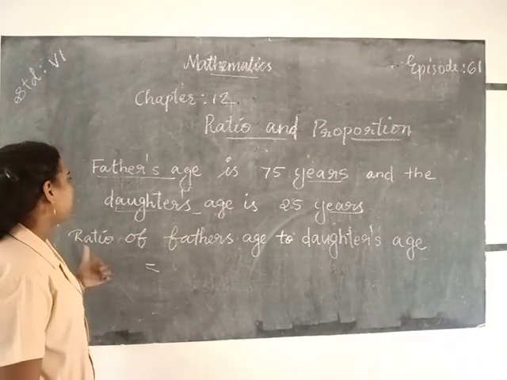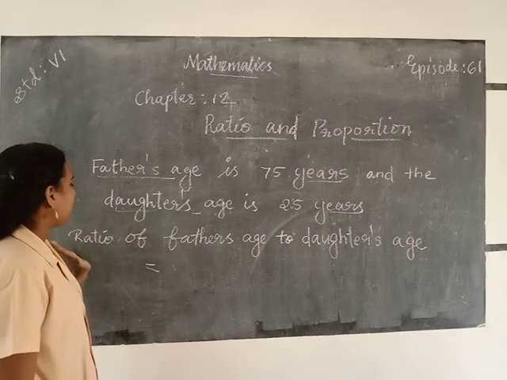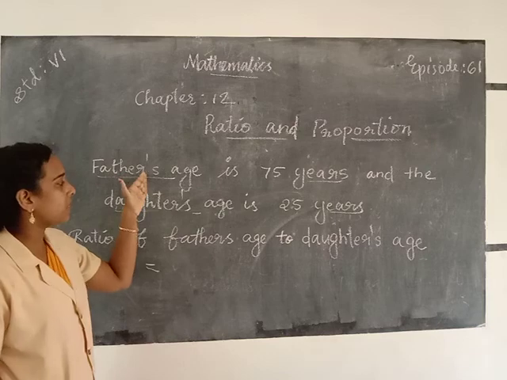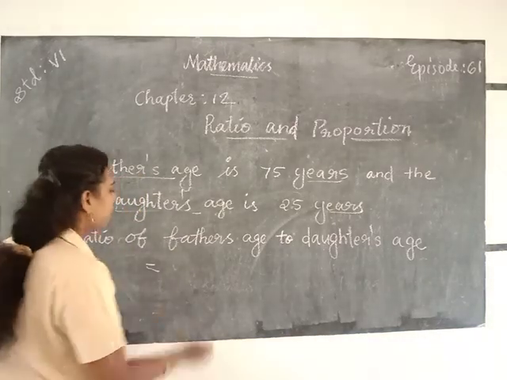To compare these two quantities, we divide father's age by daughter's age, then we get the ratio.